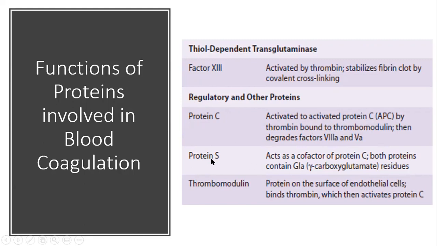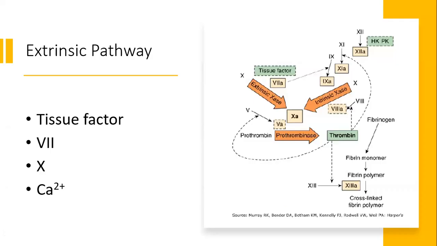So your protein S and protein C are anticoagulants that are also dependent on vitamin K. And thrombomodulin, which is a protein on the surface of endothelial cells, binds to thrombin, which also then activates your protein C. So all of them are anticoagulant proteins.